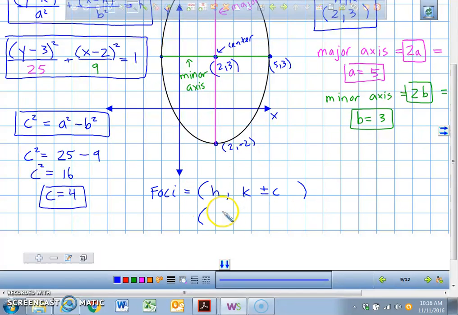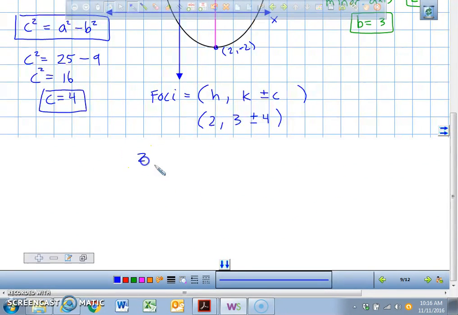What was our h value? Our h value is 2. Our k value is 3, and we have to do plus or minus 4. So one of our foci is going to be 2 comma, what is 3 plus 4? It's going to be 2, 7.